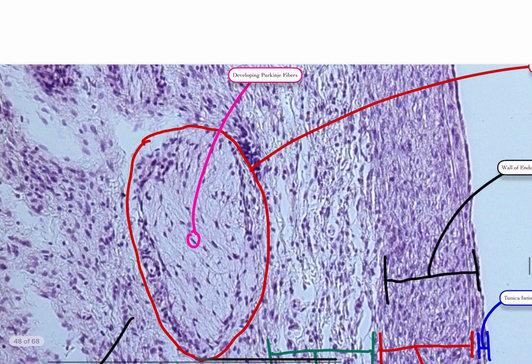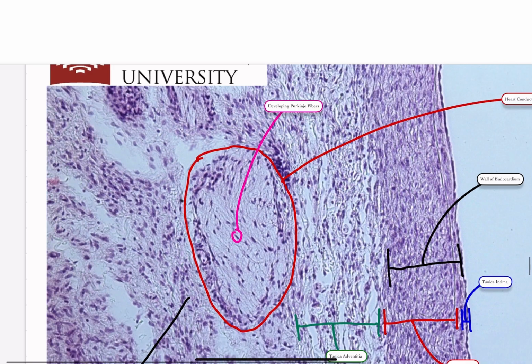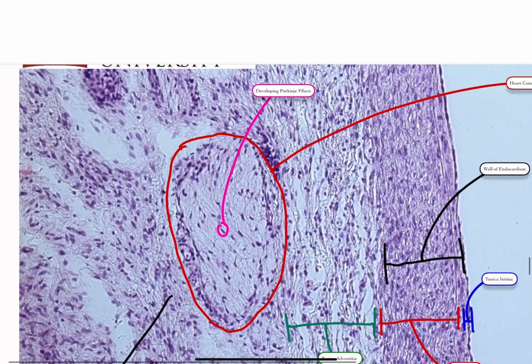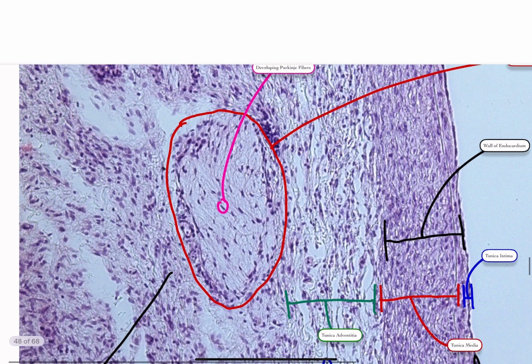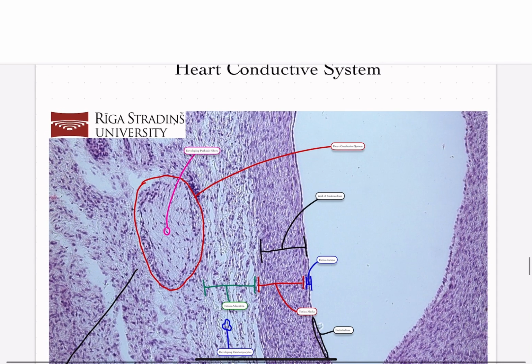And then the cells within it kind of look like a big nerve fiber bundle. Obviously it's not the same, but it very much appears like a bundle of nerve fibers. These are developing Purkinje fibers, and the entire thing is called the heart conductive system.